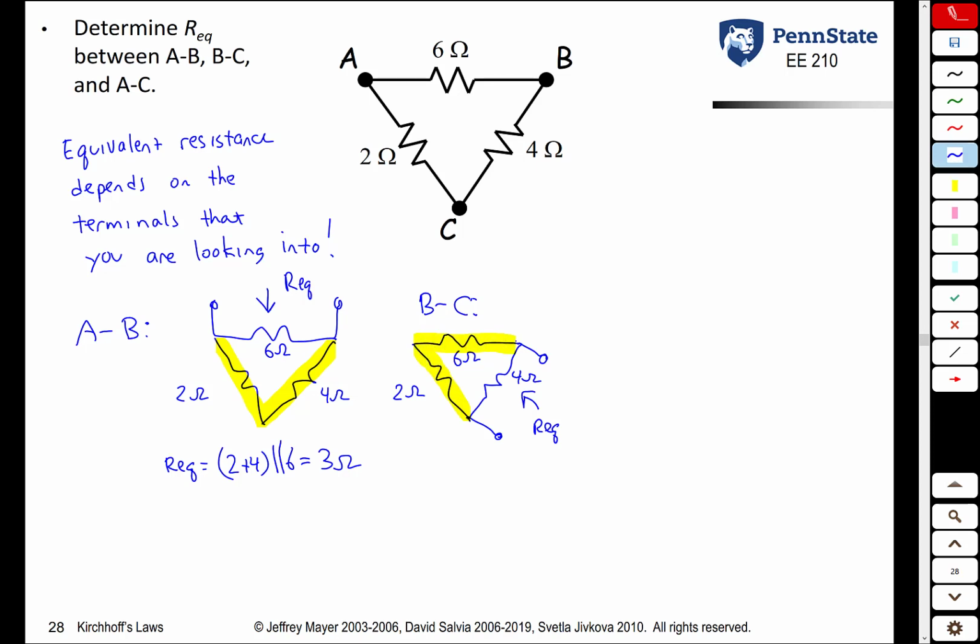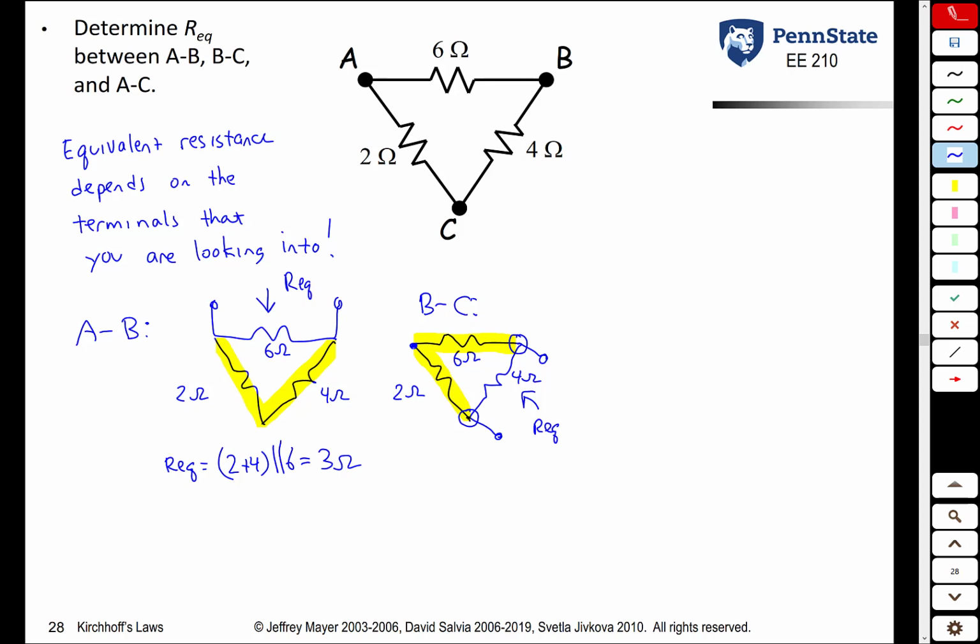Notice, once again, even though the 6 and 4 are connected at that terminal and the 2 and 4 are connected there, because they are not the only 2 things connected, because we're connecting to the ohm meter, we cannot say that the 6 and 4 are in series, and we cannot say that the 4 and the 2 are in series. Only the 2 and 6.